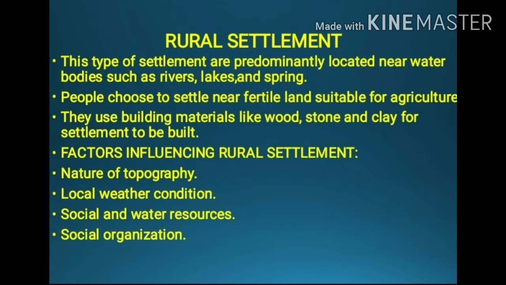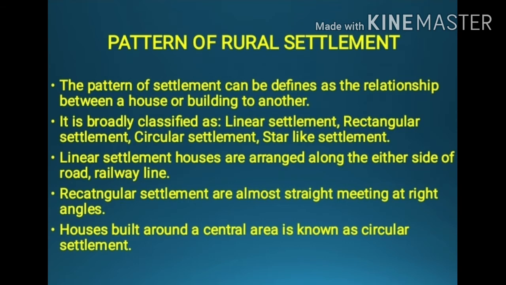Factors influencing rural settlement. So what are all the factors that influence the people of the rural settlement? Nature of topography, local weather condition, land and water resources, social organization, and economic condition. Patterns of rural settlement. The pattern of settlement is defined as the relationship between a house or building to another.